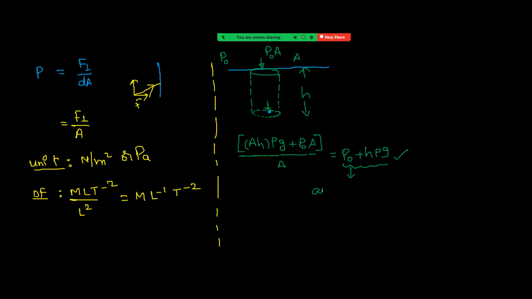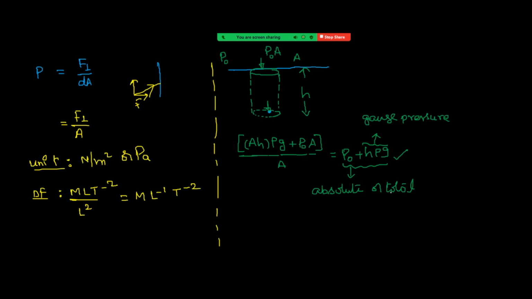It is known as absolute or total pressure. Now in this, P naught plus h rho g, the extra value when compared to the pressure of the atmosphere, that is known as gauge pressure.